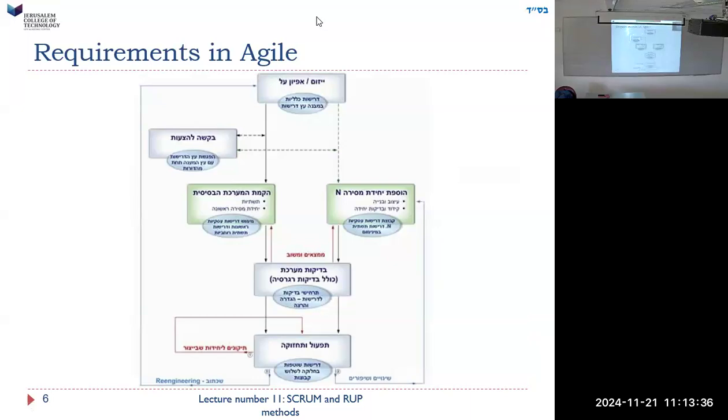Requirements in agile. I couldn't translate this because it's a feature, but I'll read it to you. This is the general design. Actually, I'm going to skip this. I don't really know what this is talking about.